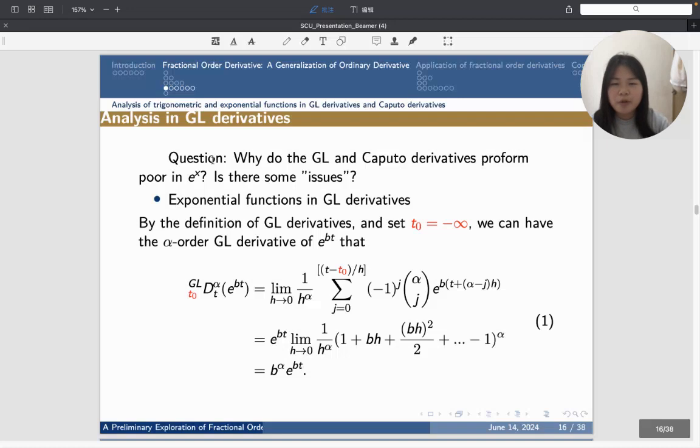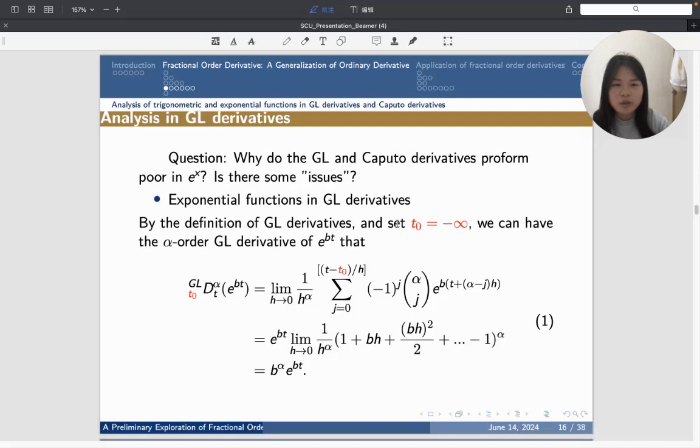Now, let's go back to our question. Why do the GL and Caputo derivatives perform poorly on exponential x? There are some issues in these two definitions, and now we are going to analyze the GL derivative and Caputo derivative to solve this problem. To start, we study the exponential function in the GL derivative.